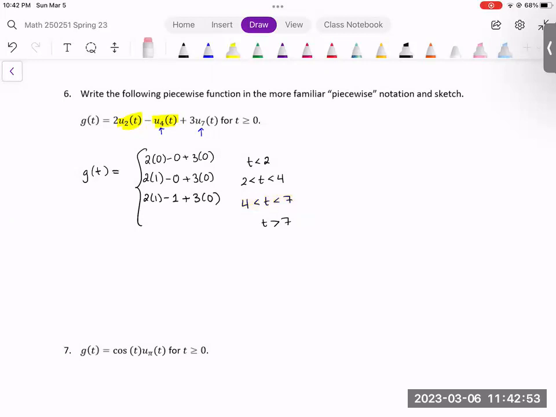And finally, when we look at t values that are bigger than 7, now our t value is bigger than the light switch time for each one of these functions. So all 3 functions are giving outputs of 1. And so this gives us 2 times 1 minus 1 plus 3 times 1.